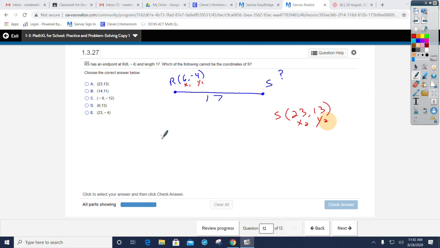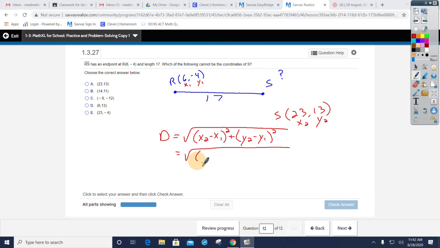I have to do the formula this time, so I'm going to write the formula out one time. So it's x2 minus x1 squared plus y2 minus y1 squared. So I'm going to plug this in and see if it gives me 17. If it doesn't, then I'm going to try another one. And I just keep going until I get the right answer.